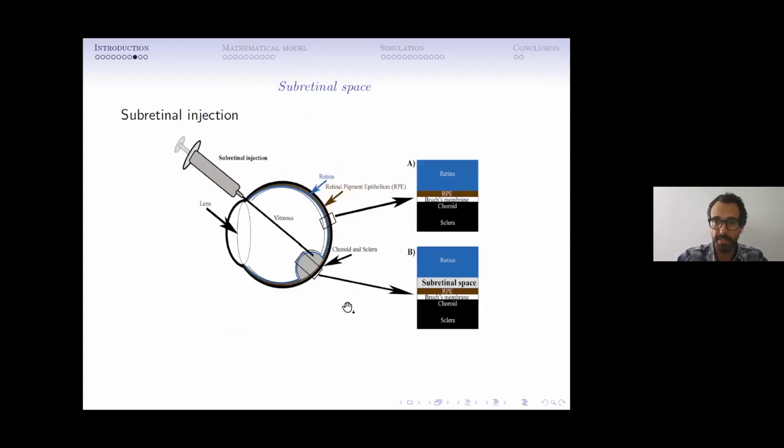Another space that can be used is represented in this picture. You can see that if the medical doctor gives an injection in a very good and precise position, these spaces can be created to release the drug here.